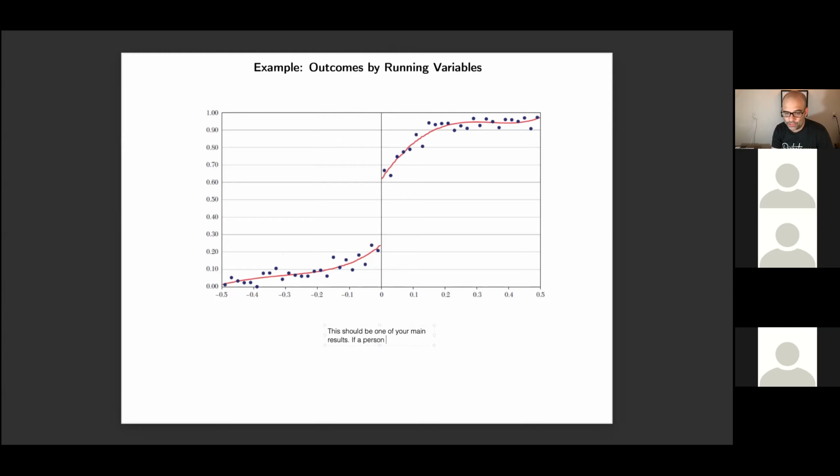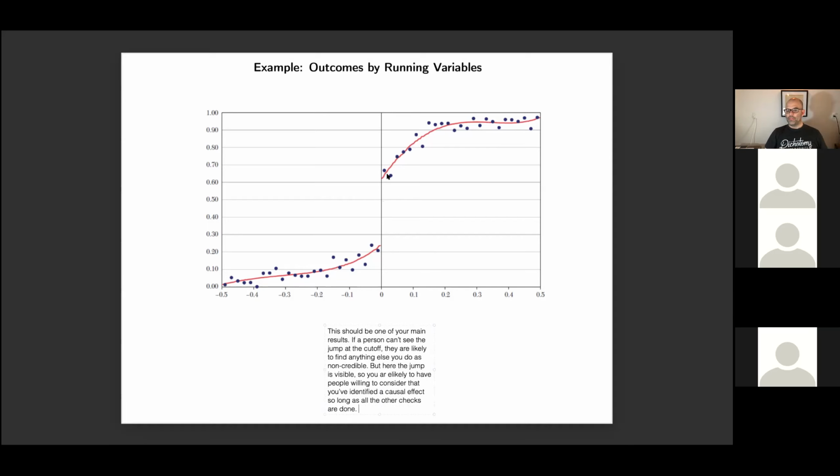If a person can't see the jump at the cutoff, they are likely to find anything else you do as non-credible. But here, the jump is visible, so you are likely to have people willing to consider that you've identified a causal effect so long as all the other checks are done.